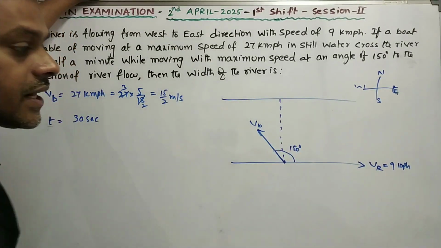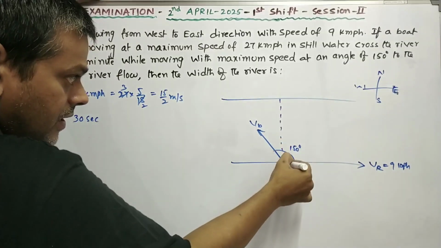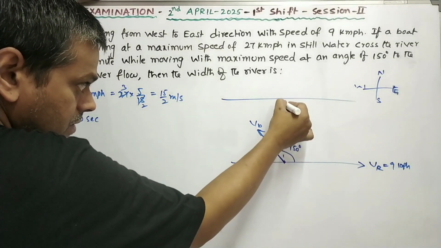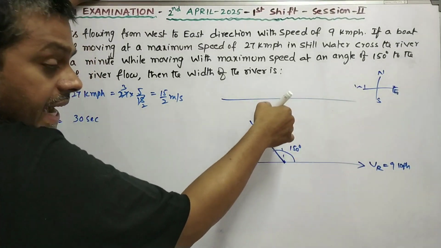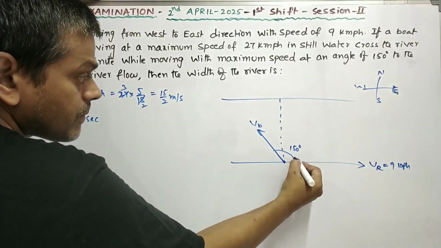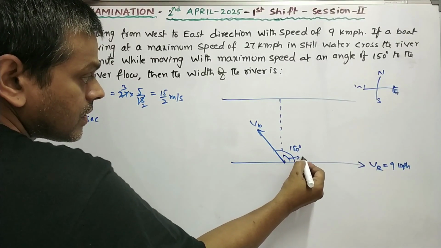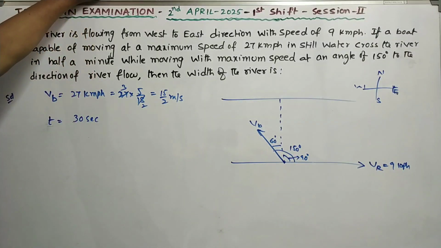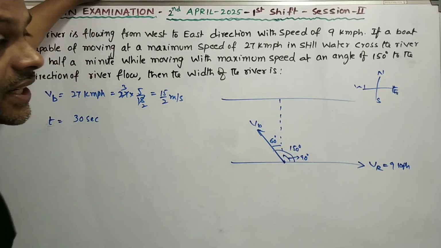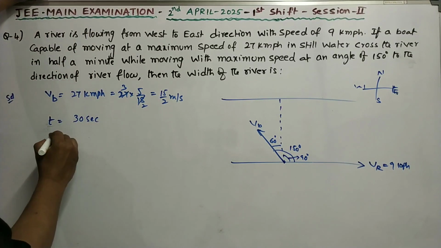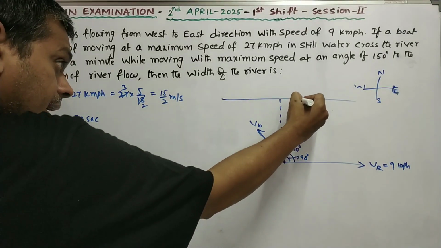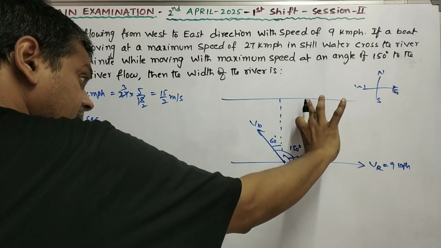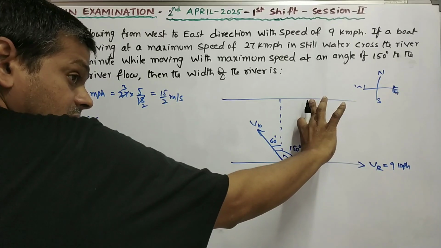When you draw from this diagram, the width means the opposite bank. So this is obviously 90 degree. So remaining is obviously 60 degree, isn't it? Total is 150 degree.